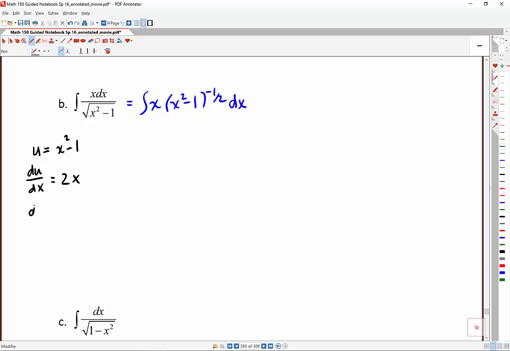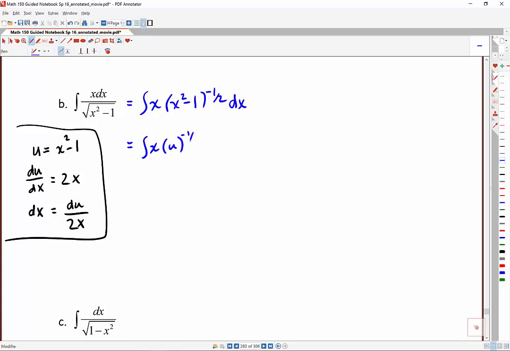Then isolating dx, we would get du over 2x. Right? So let's see if it all works out. This will give us the integral of x times u to the negative 1/2, and in for dx we have du over 2x.